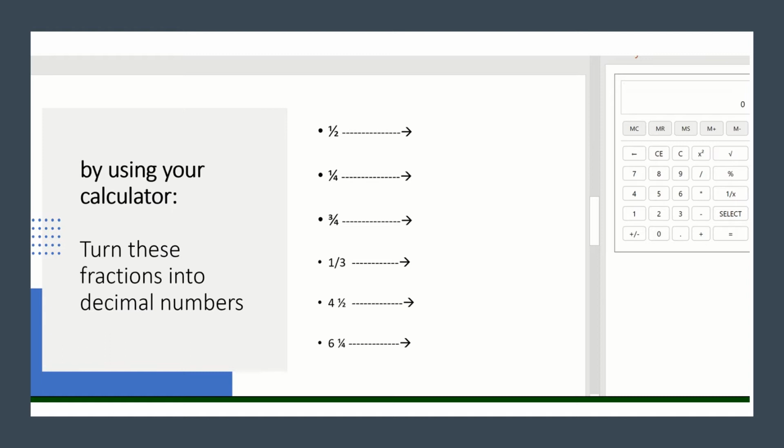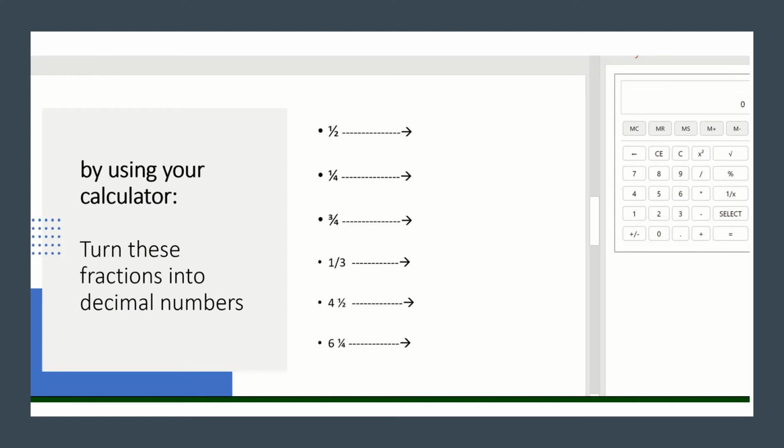Now, in this video, I don't have a calculator like the one I have shown you, so I'm going to use the one which comes in my laptop. But on your side, you can use your calculator, and you have to use the same buttons that I'm going to use. There's a little bit of difference, but the answer is going to be the same.